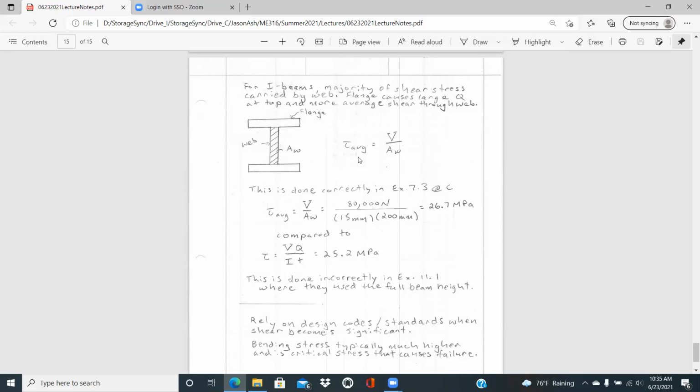If you are concerned about that, like you're overestimating the state of stress, like what we see here a little bit, you can always use the VQ over IT formula for that, or you can use a finite element analysis to get a better understanding of, say, the stress concentrations and things of that nature.